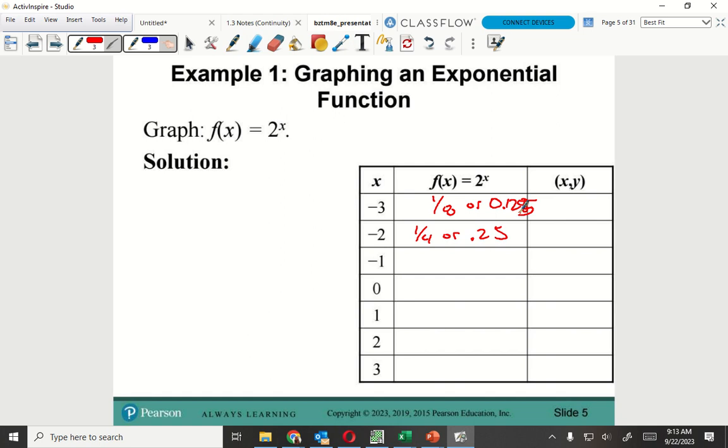This one is 1/2 or 0.5. This is going to be 1. This is 2, 4, 8. So this is a whole lot like that first problem on 7.5. A lot of people struggle with just understanding what it was asking for.